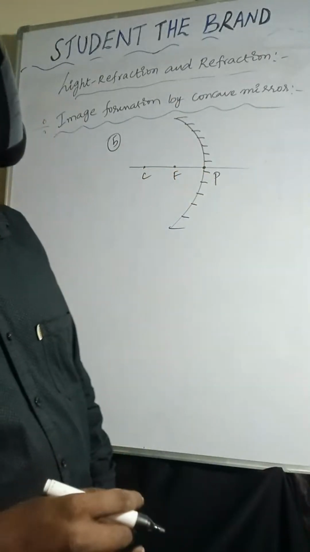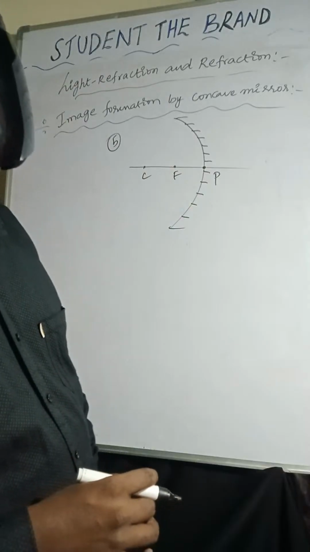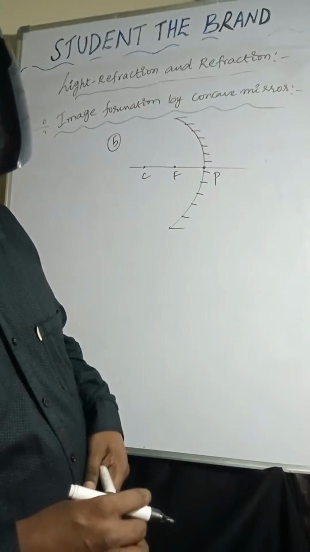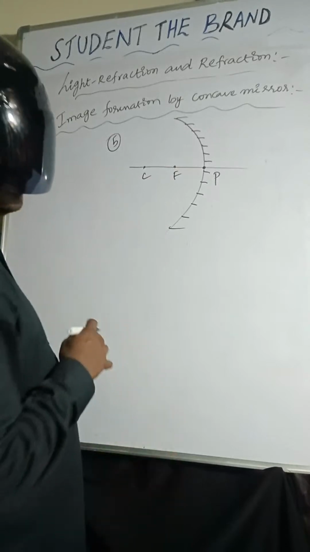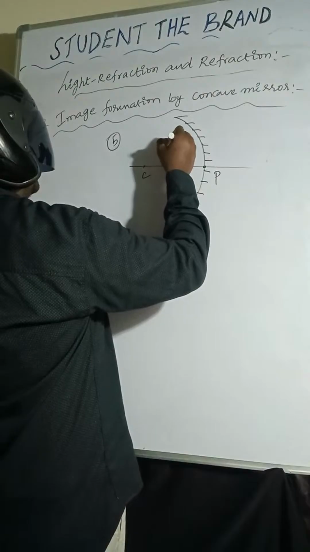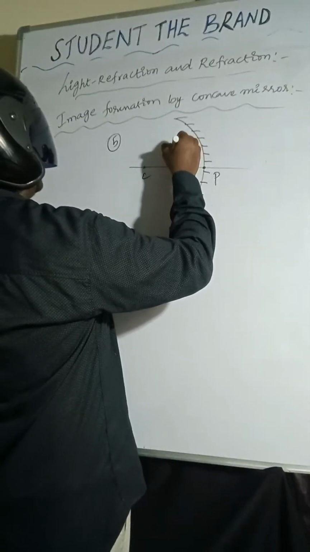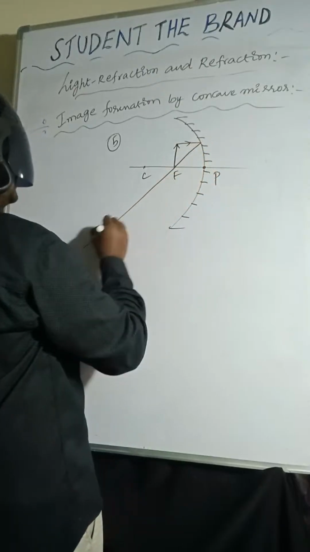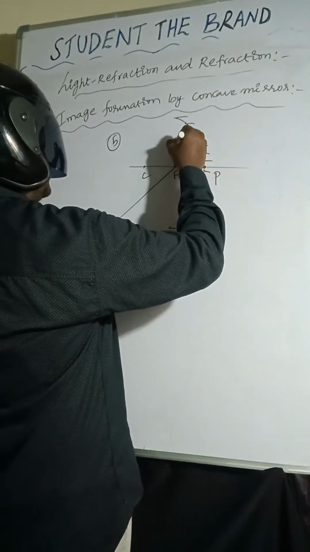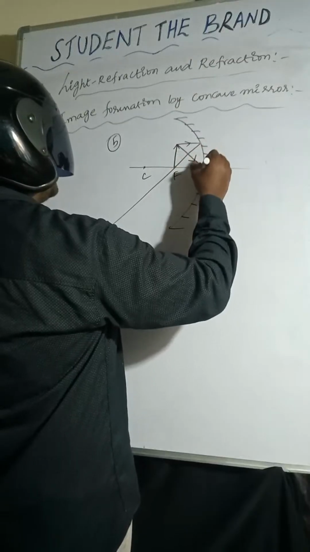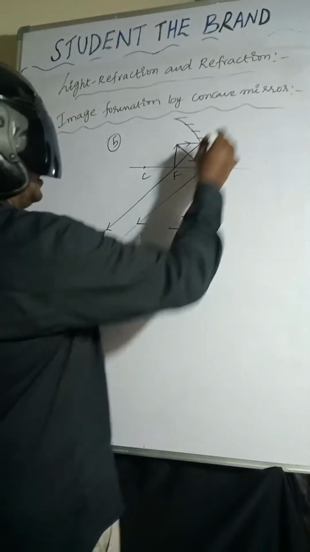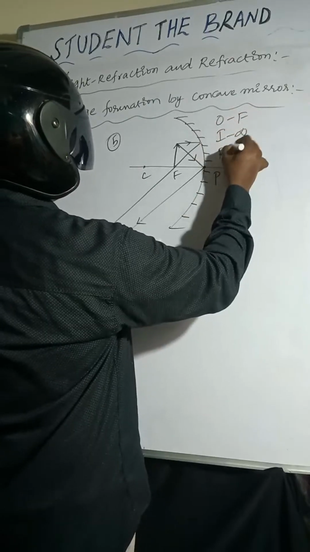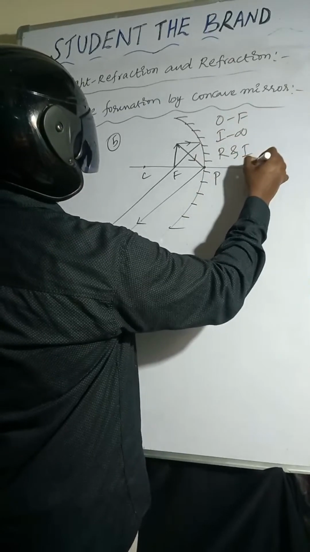Object is placed at F. One light ray I am taking like this. After reflection it passes through focus, another light ray is incident at the pole, it reflects. So object is at F, image will form at infinity, nature of the image is real and inverted, size of the image is highly enlarged.